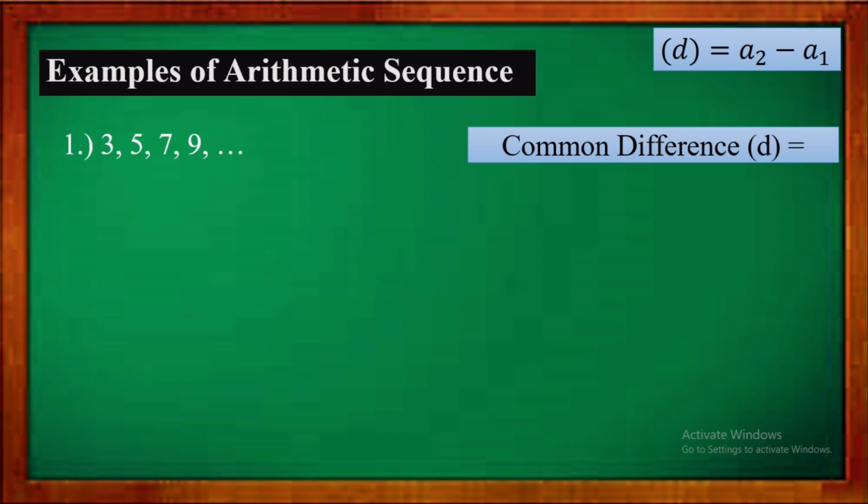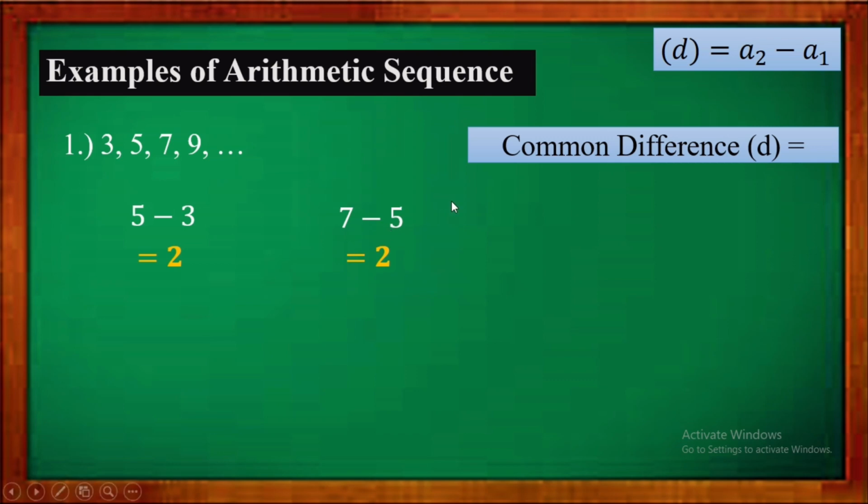So let us check. For the first consecutive terms, we have the second term 5 minus the first term, which is 3, and the difference is 2. Next consecutive terms, we have 7 as our third term minus the second term, which is 5, and their difference is 2.